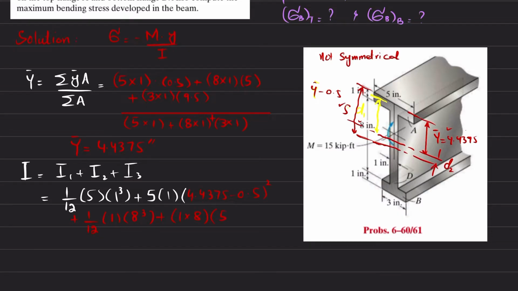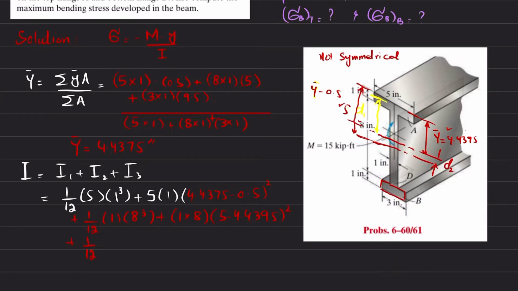So 5 minus 4.4395 square, plus the moment of inertia of the third part.